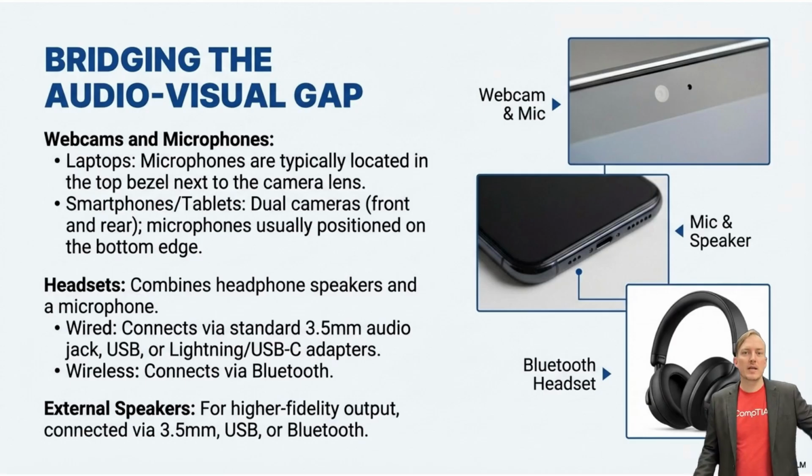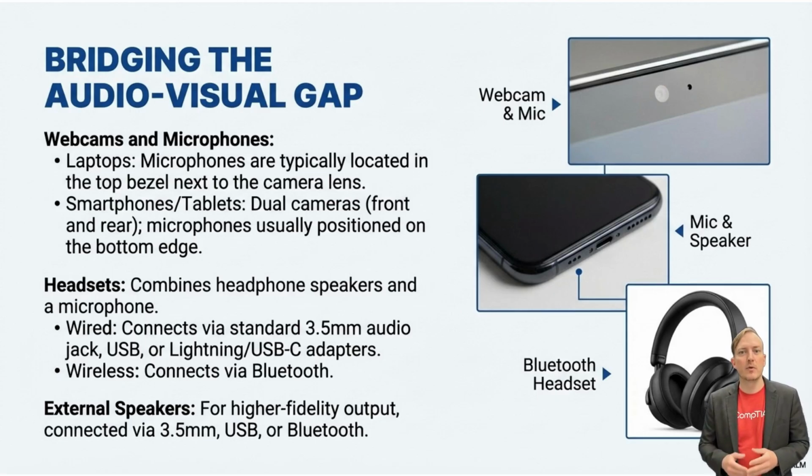To bridge the audio-visual gap for communications, we rely on webcams and microphones. On laptops, microphones are typically located up in the top bezel, right next to the camera lens. On smartphones and tablets, you have dual cameras on the front and rear, and the microphones are usually positioned on the bottom edge.